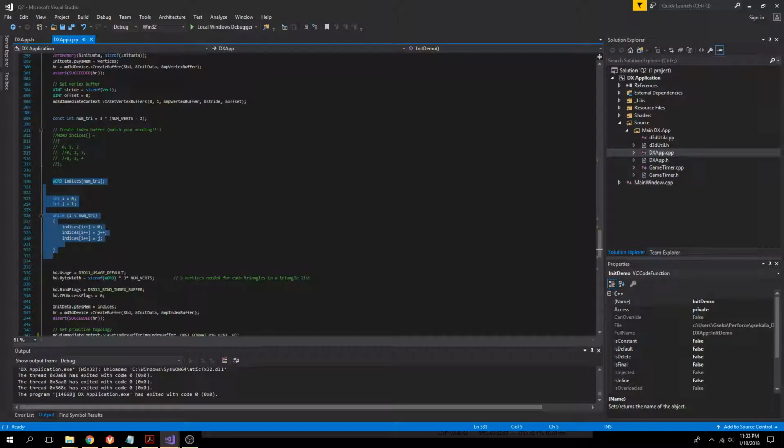Then I had to create the array of indices. This basically achieves this effect. So 0, the first vertex, would be the rightmost vertex. And then everything basically used that to wind itself in this order.